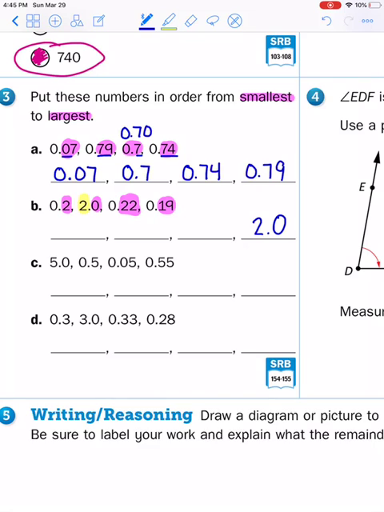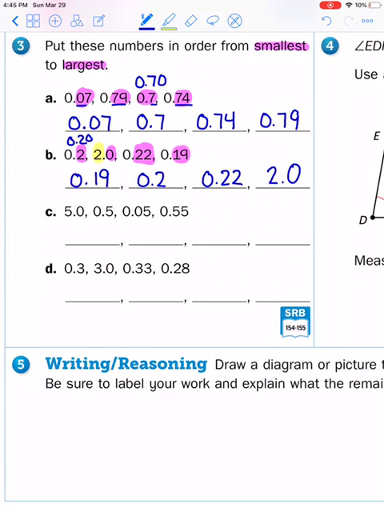So the smallest number that we have here is probably 19. So 0 and 19 hundredths. And then 2 tenths, because remember, this is also equal to 20 hundredths. And then 22 hundredths. And then 2 and 0 hundredths.